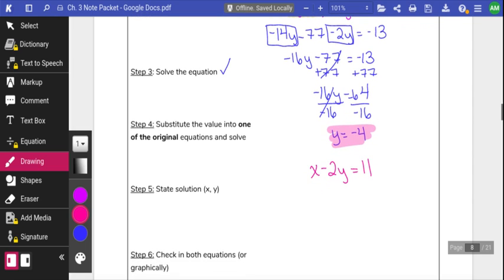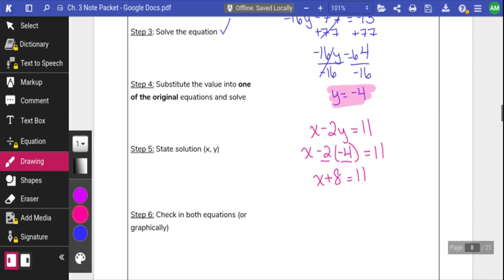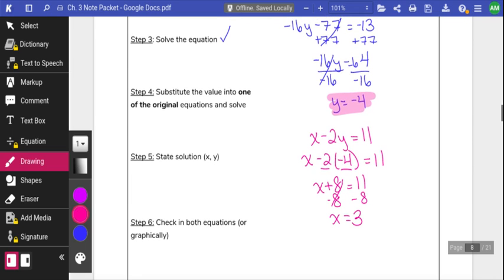And I'm going to substitute negative 4 for y. Negative 2 times negative 4 is a positive 8. To solve for x, I subtract 8 from both sides, and I get x equals 3.